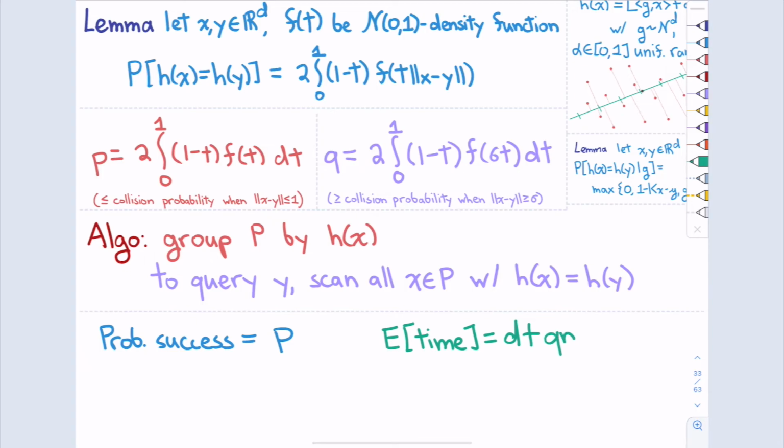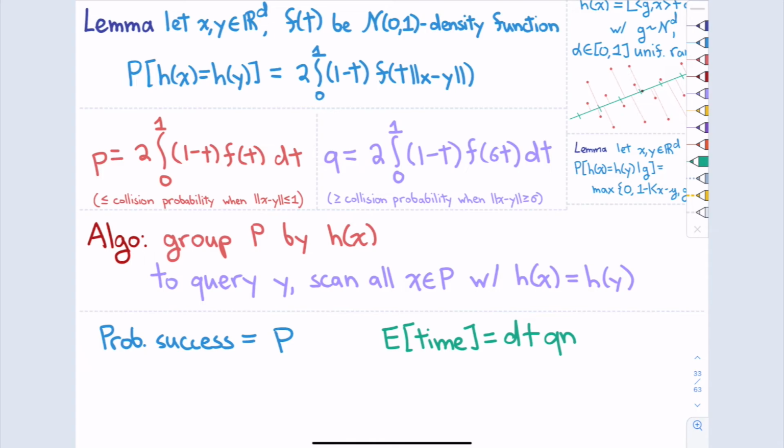We might expect to have to go through qn useless points that are far away but still show up with probability q. So something like d plus qn.